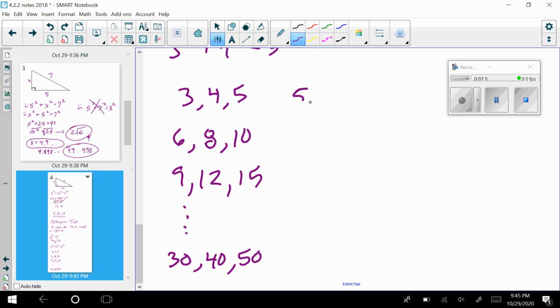triangle. And so we discovered a different family of Pythagorean triples, and it's 5, 12, 13, and any multiple of 5, 12, 13, like 10, 24, 26, would also create a right triangle, etc. Okay, let me give you one more family here.